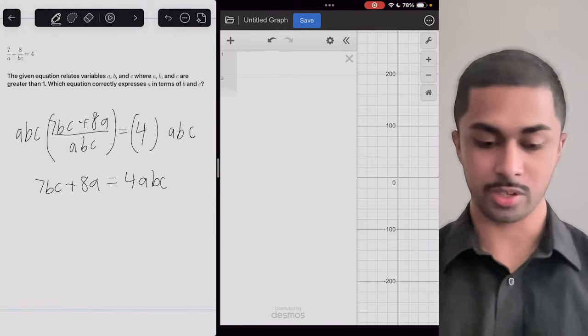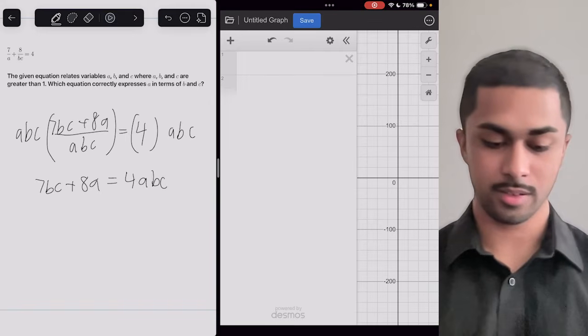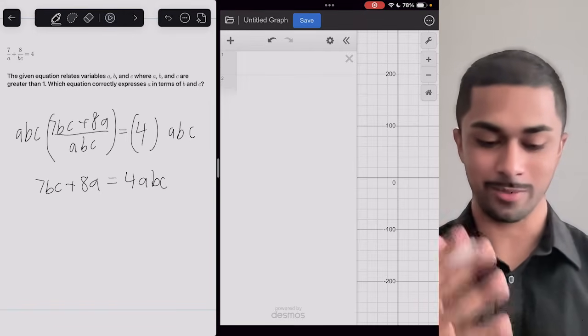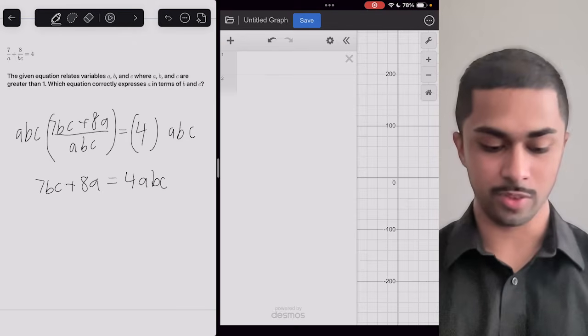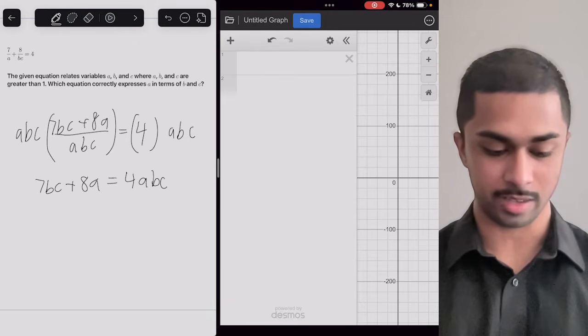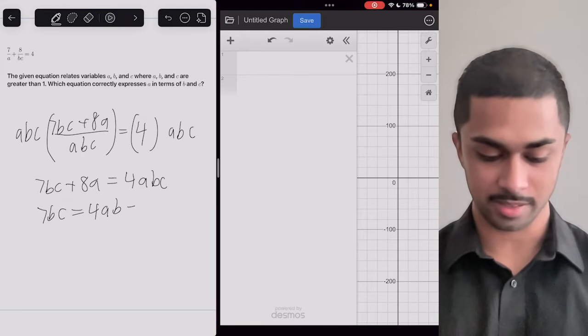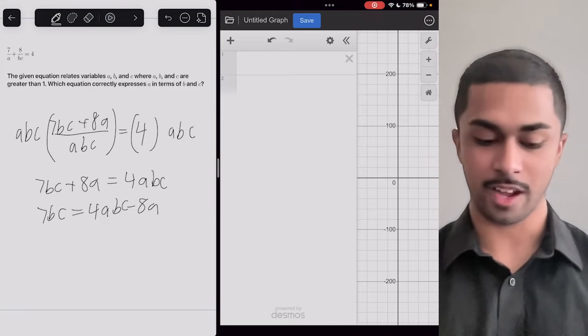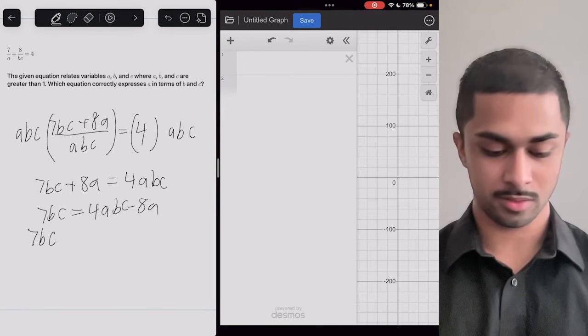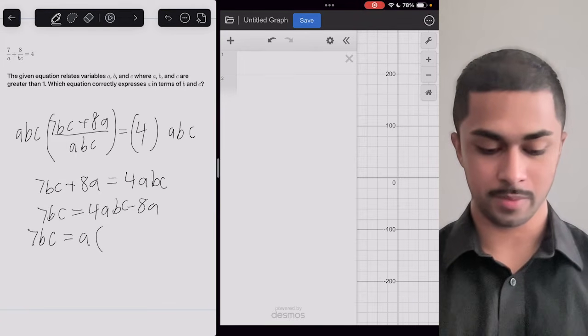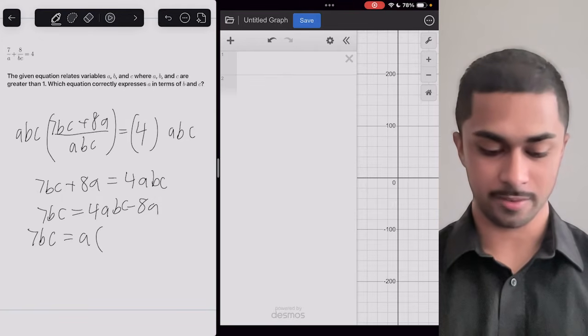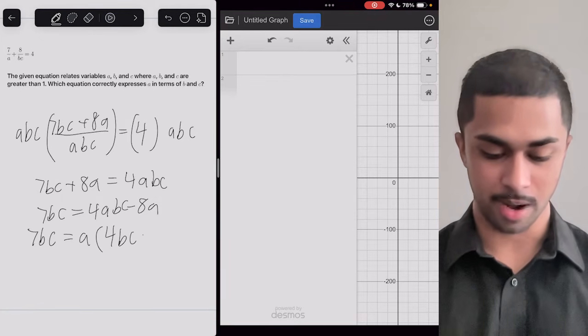And from here, since you're solving for A, now this is when we look at the variable that we're solving for. So let's move the 8A to the other side by subtracting 8A. 7BC equals 4ABC minus 8A. And then let's factor out an A. That's all we want to factor out, just the A. 4BC minus 8.